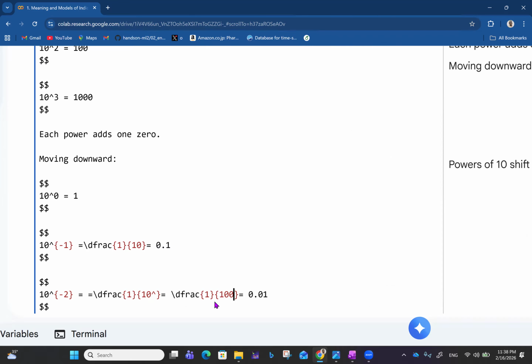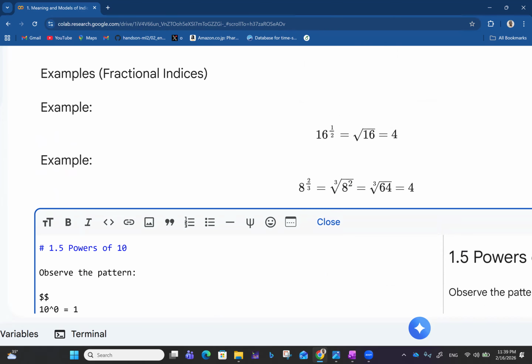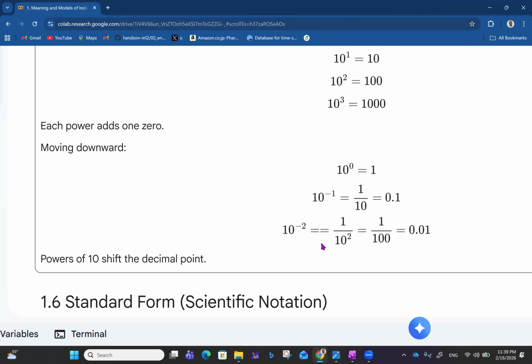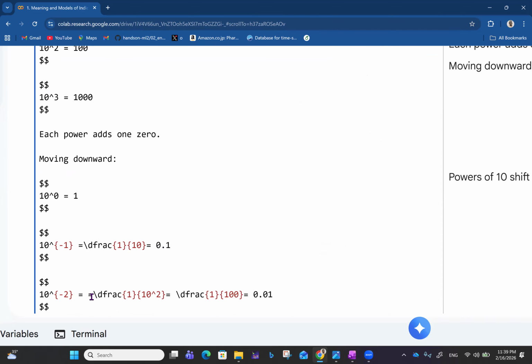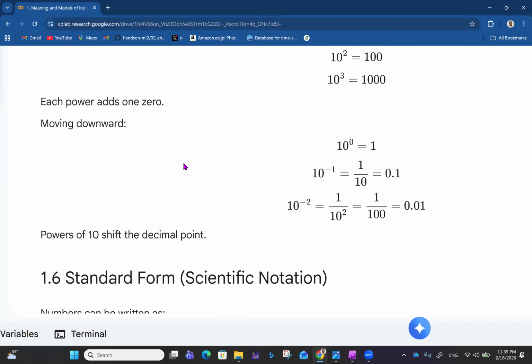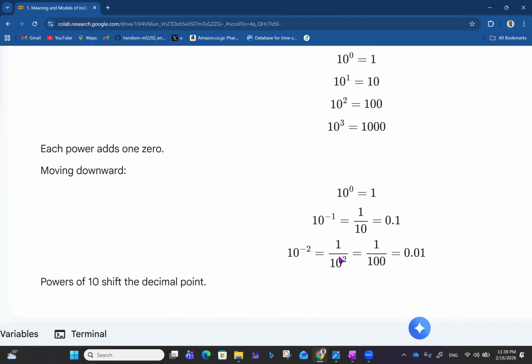What did I do wrong? Okay, I have to remove one equality sign. Yes, 10 raised to power minus 2 is 1 over 10 raised to power 2, and that is equal to 1 over 100, which is 0.01.